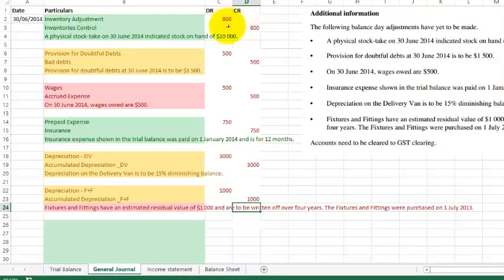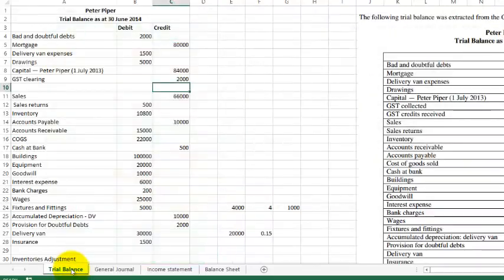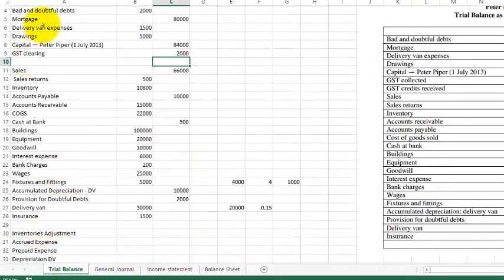Inventory adjustment, debit $800. I don't have an inventory adjustment account in the old trial balance, but what I have to do there is put $800 in there. So it's $800 for that account, and the inventory account needs to be credited. Now the rule here, if it's a debit and a credit, you take away from another, and if they're the same, you add on.